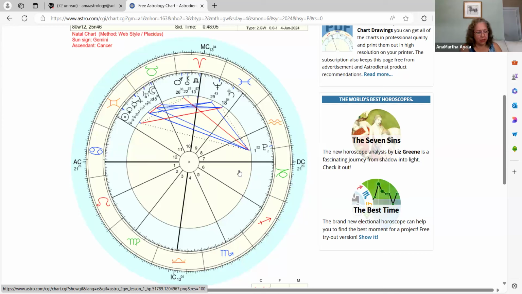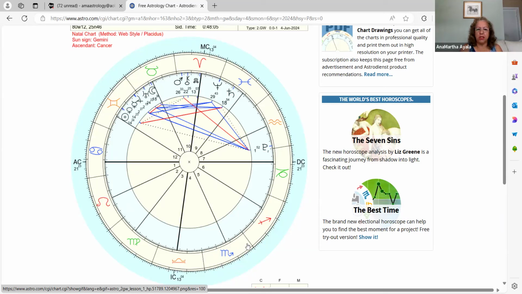Now, each of these houses belong to a certain group, right? And we just discussed the cardinal houses or angular houses because they are at the angles of the chart. But you have the succedent houses, which are the ones that follow the angular houses, which are house number 2, the 5th house, the 8th house, and the 11th house. So these houses enforce what we have learned, and they are fixed.